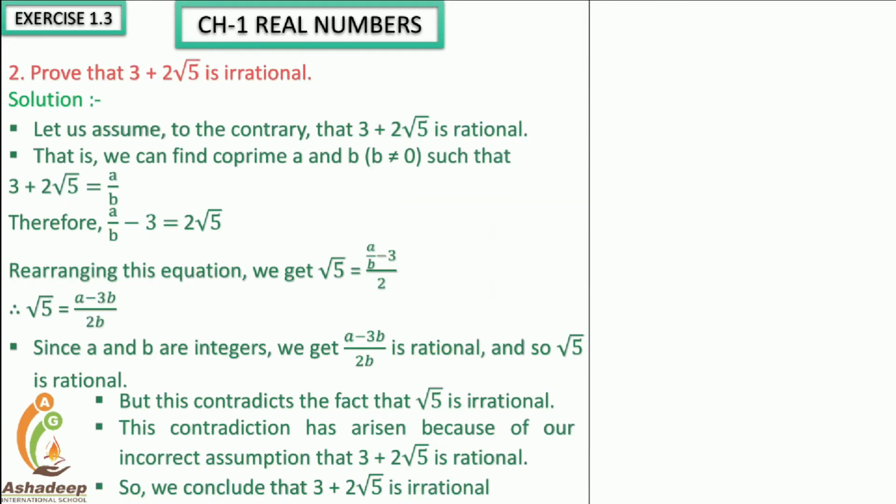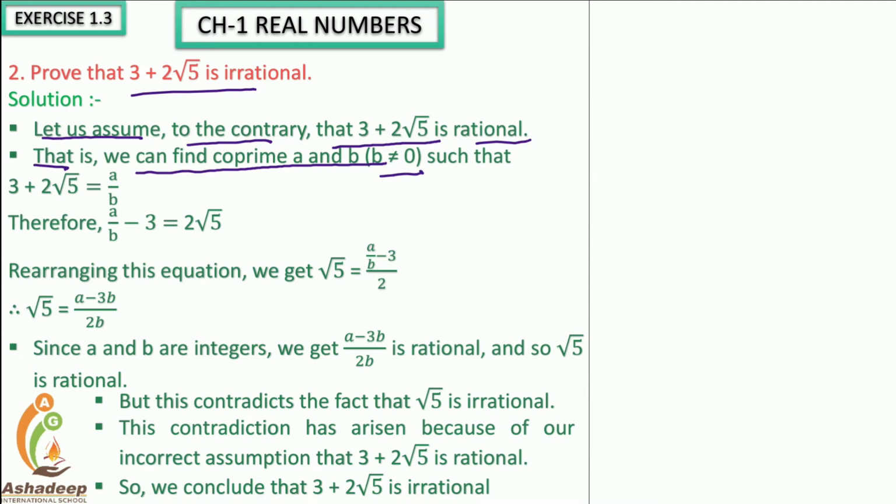Okay. So in the same manner we need to do this sum, but the method is slightly different. Let us assume the contrary, that 3 plus 2 square root of 5 is a rational number. That is, we can find co-prime numbers a and b, where b is not equal to 0, such that 3 plus 2 square root of 5 is equal to a upon b.